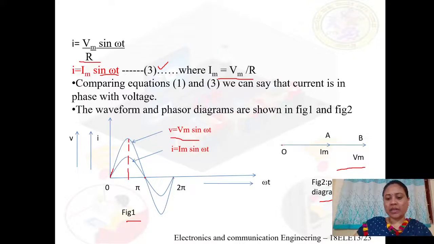Therefore, let us take OB as the vector representing the voltage, and Vm is the maximum value of voltage. OB is the vector we have represented along the x-axis for the voltage, and OA is another vector representing the maximum value of current. Since they are in phase, Im and Vm are represented along the same line along the x-axis.